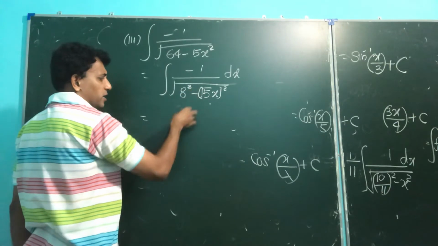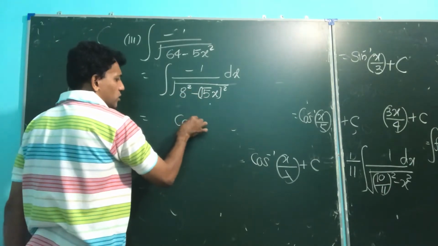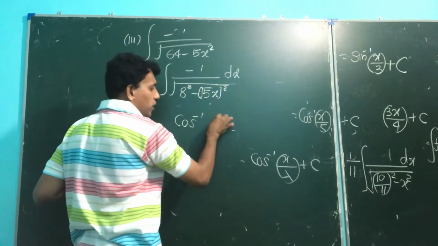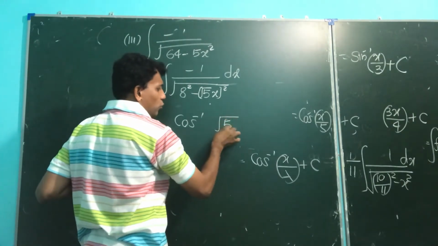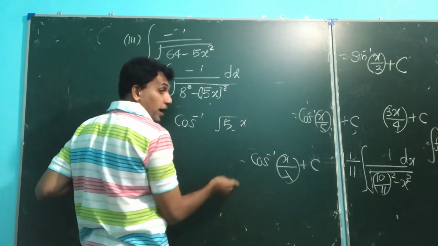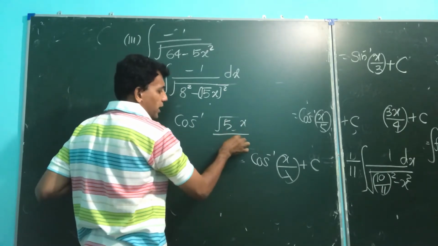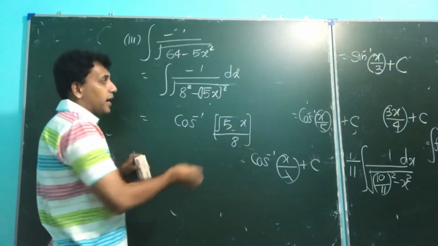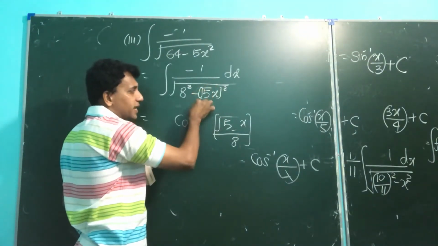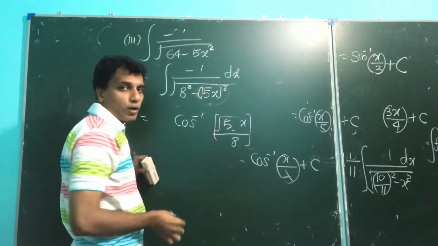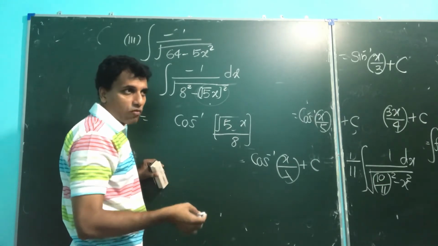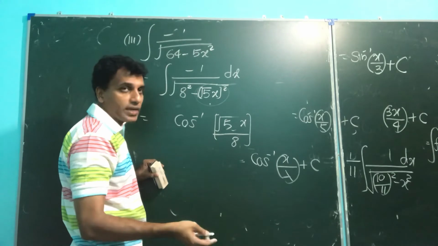Therefore the answer is cos inverse of x over a, here root 5x over 8. But not only that, there's a differentiable function inside, root 5x. The differentiation of ax is a, and of yx is y, a number.